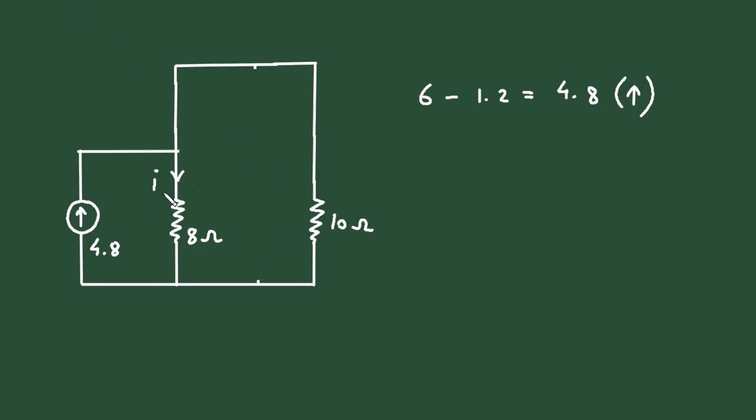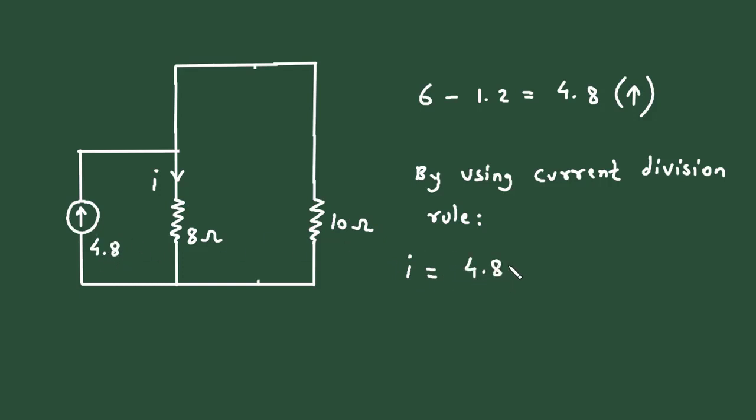Now we can easily find the value of current I by using the current division rule. So current I is equal to this current, that is 4.8, multiplied by the opposite or parallel branch resistance. The parallel branch to this 8 ohm is this 10 ohm.